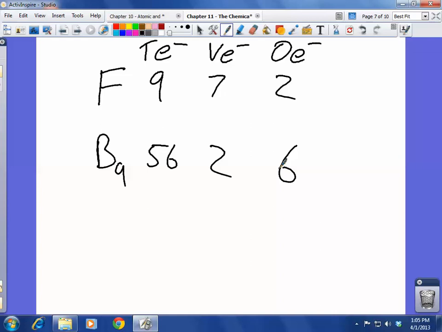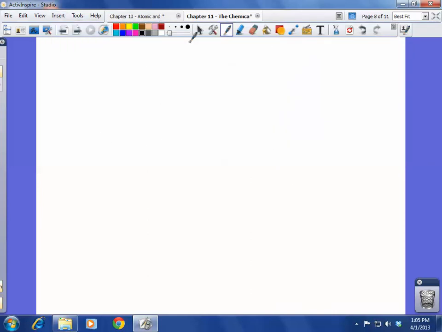What if we do the inverse of this? If I tell you, what atom has 3 valence electrons and 2 orbits for those electrons? Which one has 3 valence electrons?